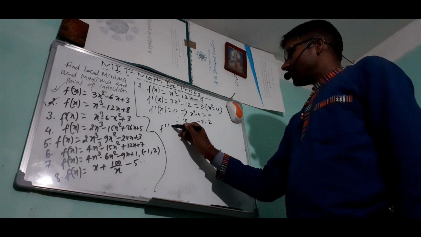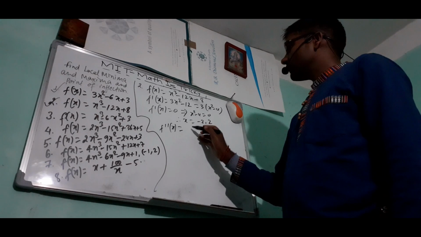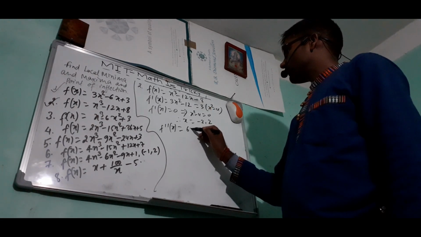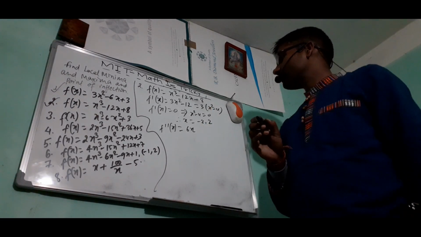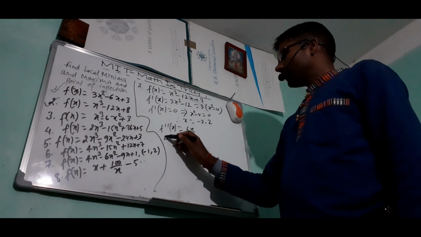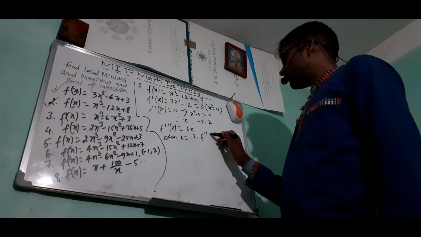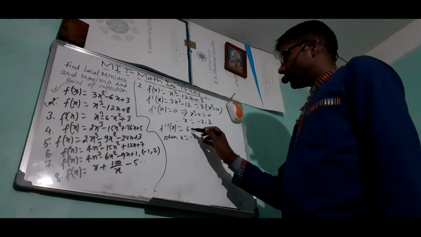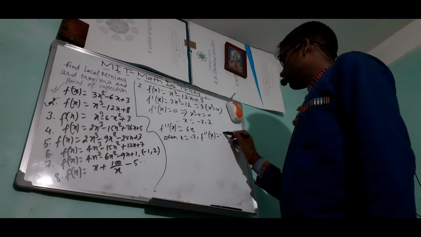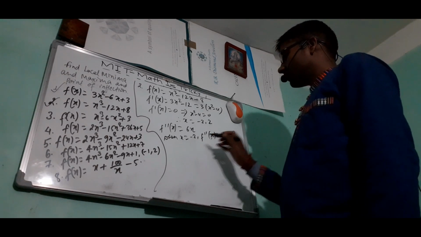Now let's find the second derivative. The second derivative is 6x. When x equals minus 2, the second derivative will be minus 12, and minus 12 is less than 0.